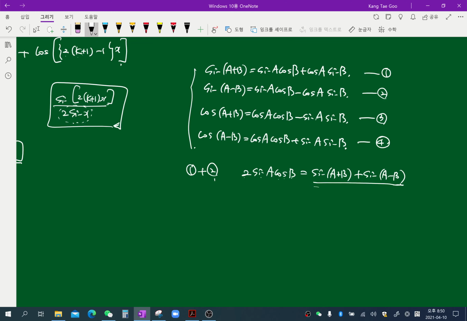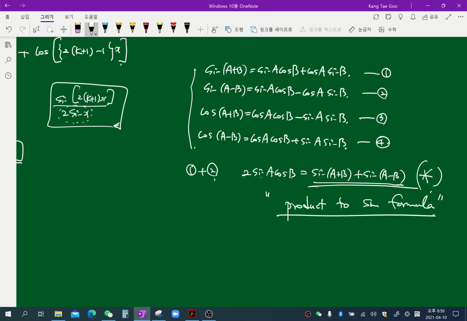Then the result goes to sine (a plus b) plus sine (a minus b). Okay, we use this formula. This is the so-called product to sum. Of course, there are three more identities: 2 cosine A sine B, 2 cosine A cosine B, 2 sine A sine B. Those three more formulas are there, but what we need is this one.